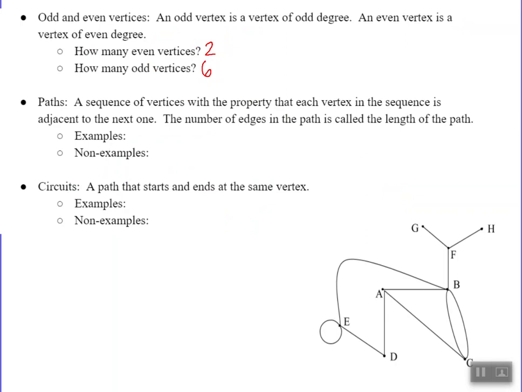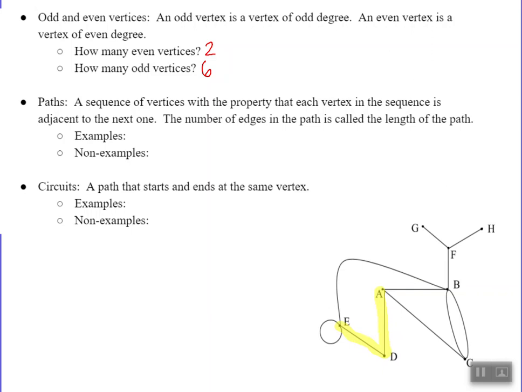Now, a path is a sequence of vertices with the property that each vertex in the sequence is adjacent to the next one. The number of edges in the path is called the length of the path. So for example, if I am looking at a path from A to E, I would follow this edge, AD, and then follow this edge, DE.